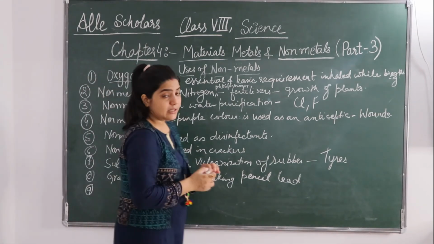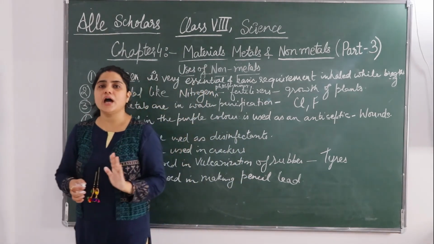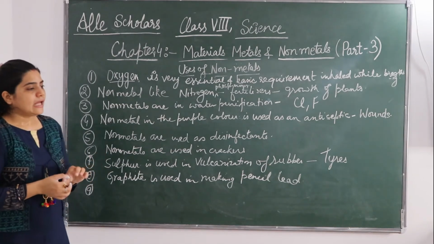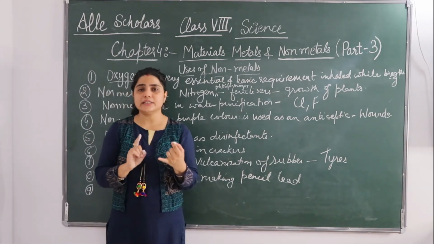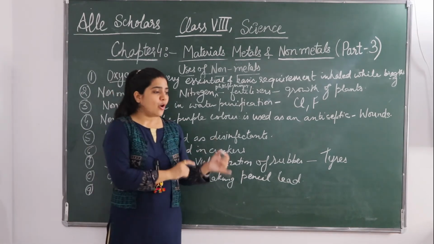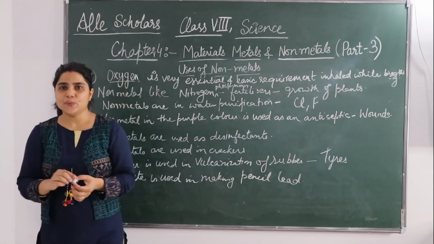And the last and very essential non-metal is hydrogen. You must have heard that hydrogen is a very good non-metal. So hydrogen is used as a fuel. This hydrogen is a non-polluting fuel.